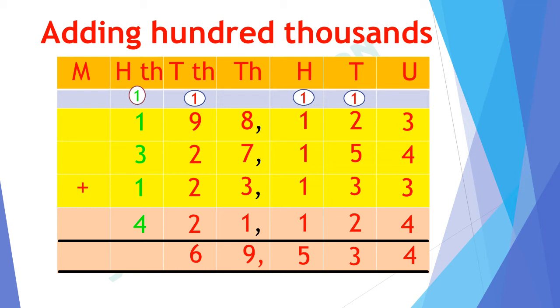We will write 0 in 100,000s column and we will carry forward 1 to millions. As there is nothing to add, so we will write 1 as it is. The total target given to him is 1,069,534.